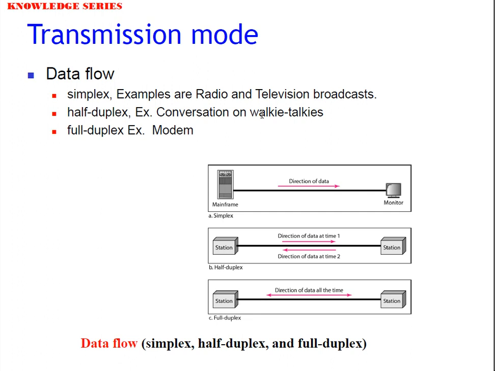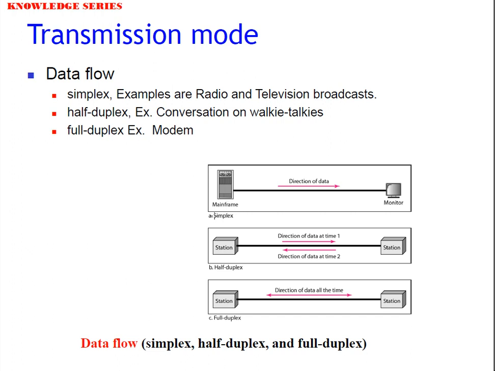When we talk about communication between two devices, it should take place in different modes. That is what we call data flow. Data flow takes place in 3 modes: one is simplex mode, another is half duplex mode, and third is full duplex mode.